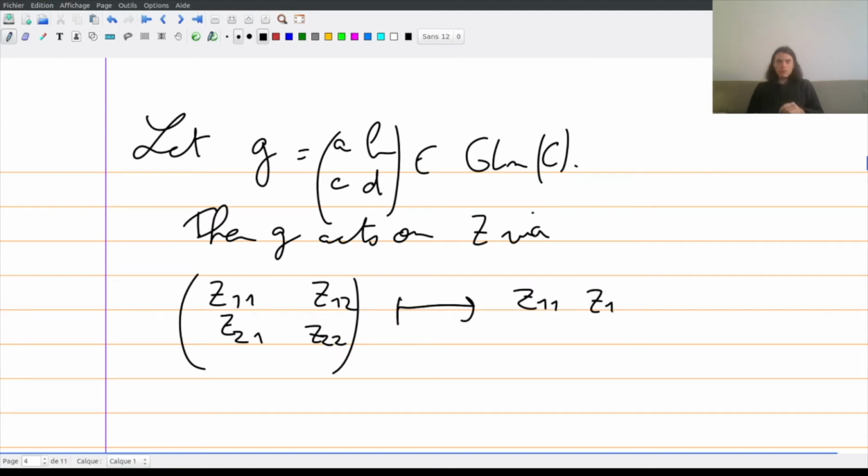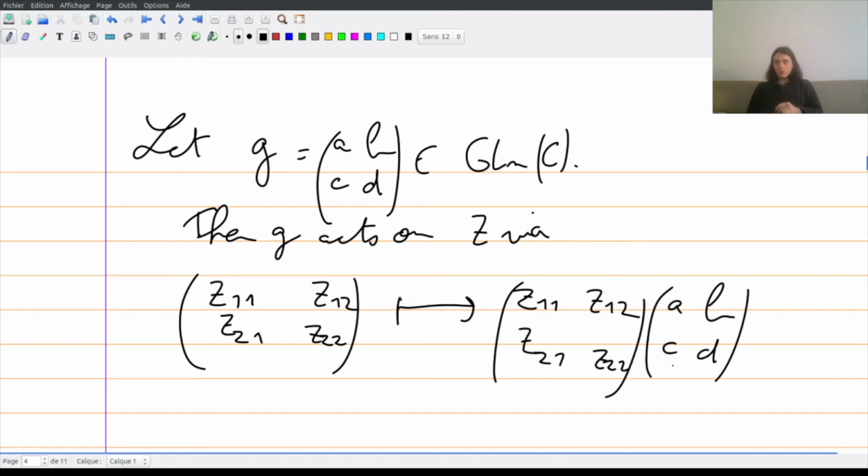So you don't have many possibilities. You just multiply to the right by the matrix. And let's remark that J belongs to the Galois group if and only if J maps the ideal I to itself.